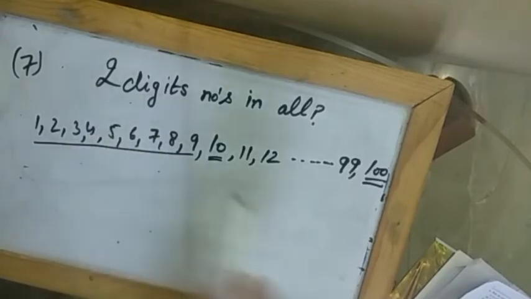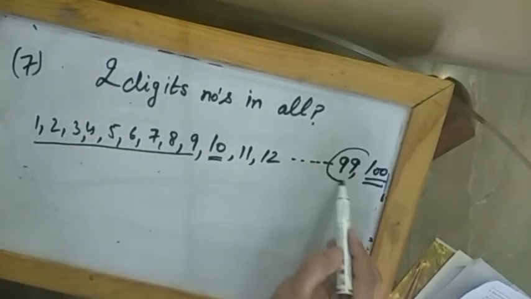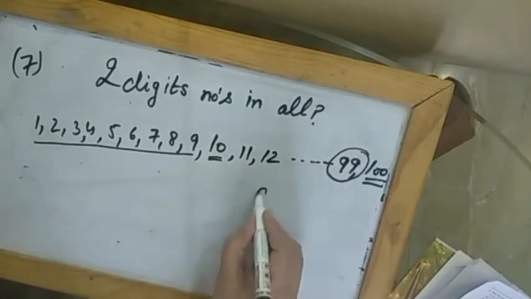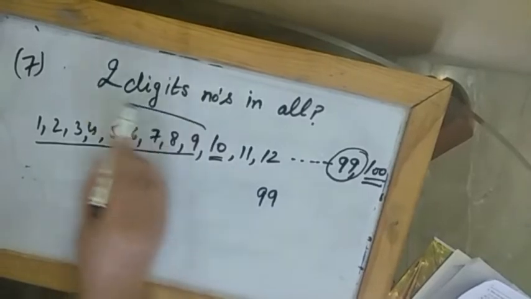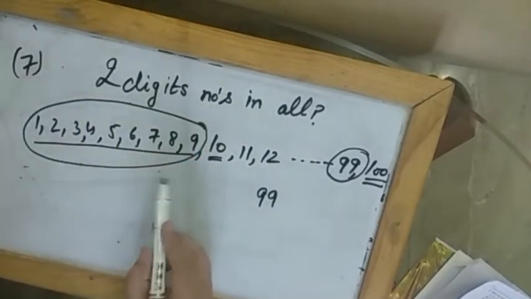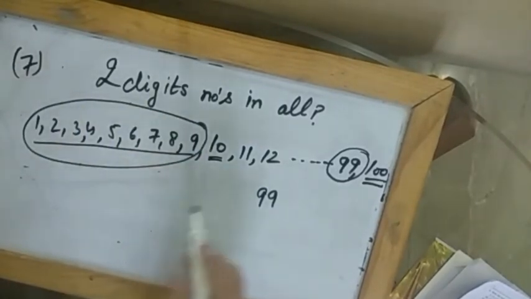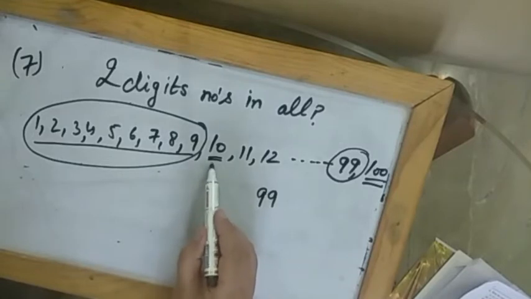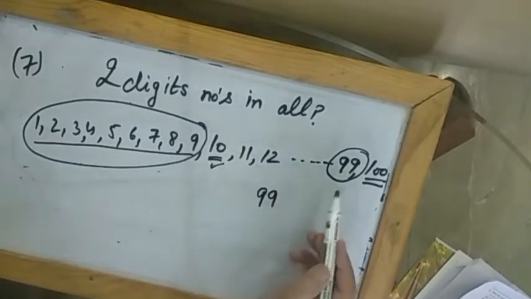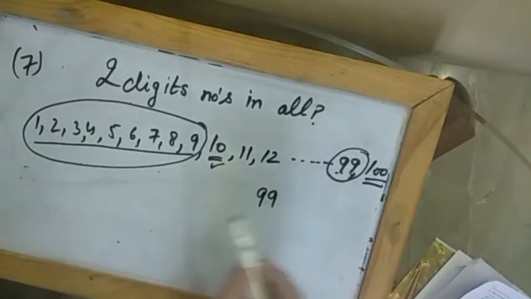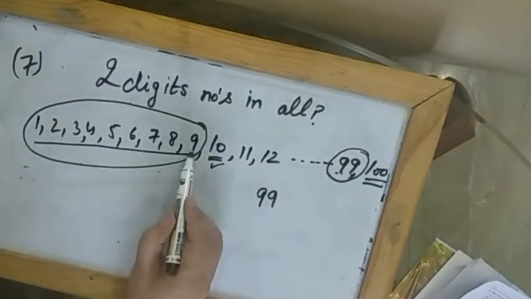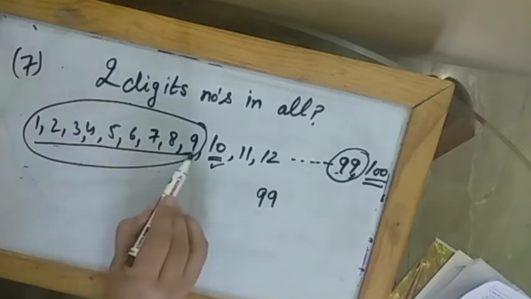So I know the last 2-digit number is 99. From 1 to 99, I have these 1-digit numbers too, but they are not asking about the 1-digit numbers. My 2-digit numbers start from 10. So from the largest 2-digit number, I will subtract the 1-digit numbers, because I don't want them.